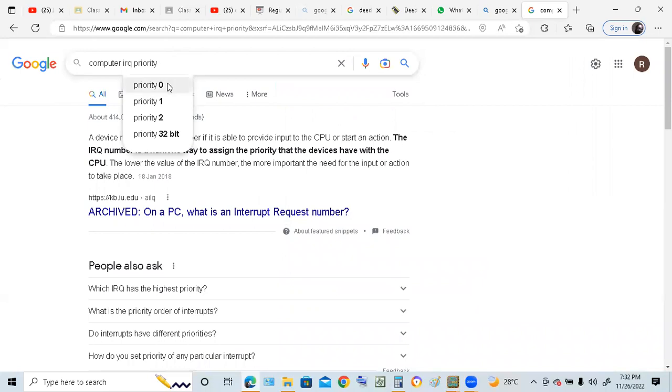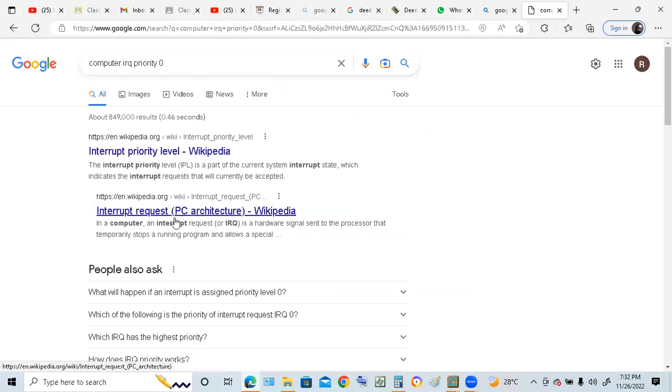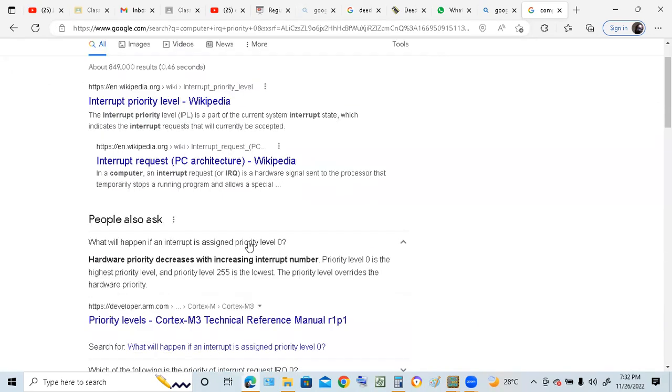All right, priority zero. Because the priority zero is what? Priority decreases with increasing interrupt number. Priority level zero is the highest priority level.